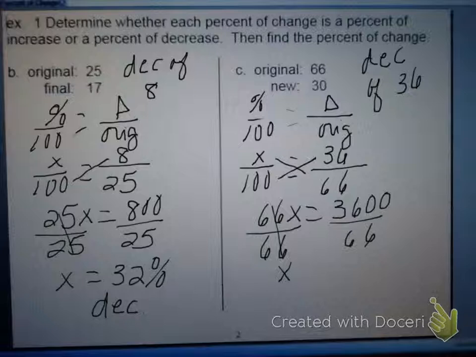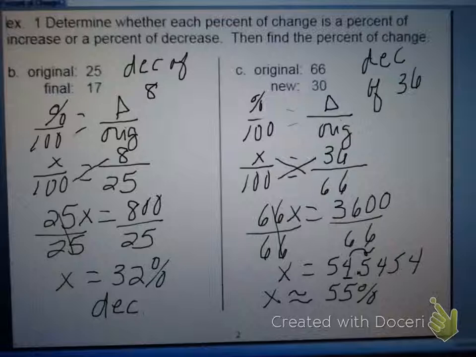Now in the calculator, we get 54.54, 54, 54, and it keeps on going. We need to round, but it didn't tell us what to round it to. If the directions said to round to the nearest whole percent, it would be x is about 55%. Using our rounding rules, underline the 4, the 5 tells us to round up, so it would be 55%.